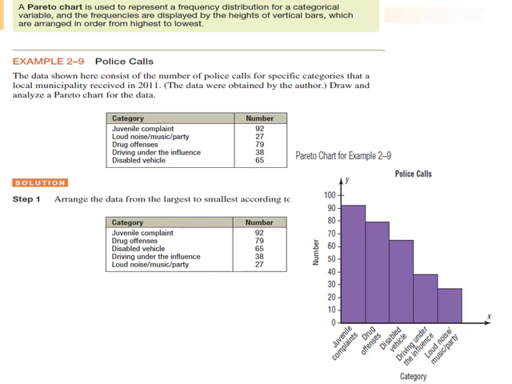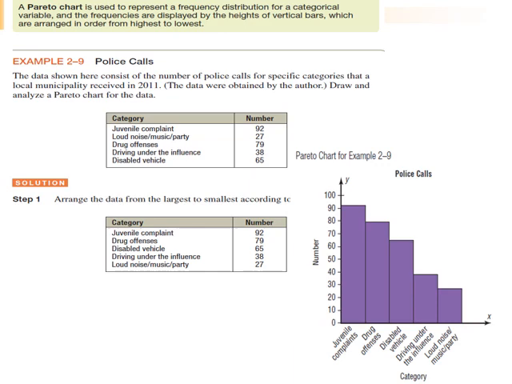So in the example, the data shown here consists of the number of police calls for specific categories that a local department received in 2011. Draw and analyze the data by using a Pareto chart. Now for this data in the table, the first step is that we should arrange the data from the highest value to the lowest value.